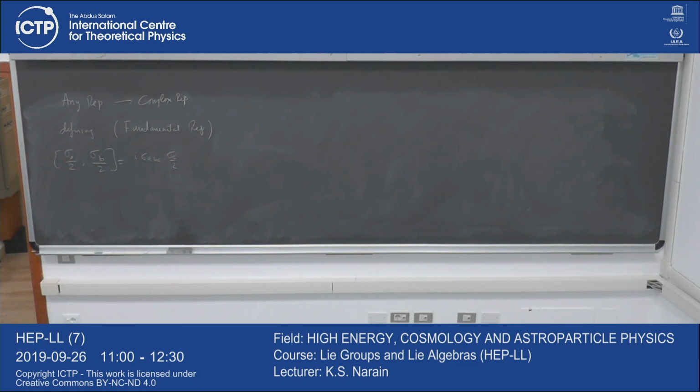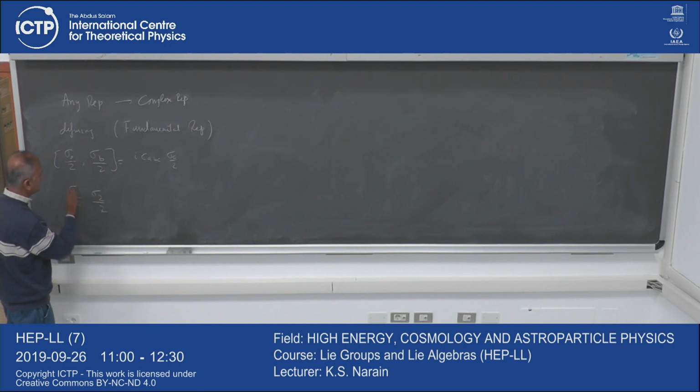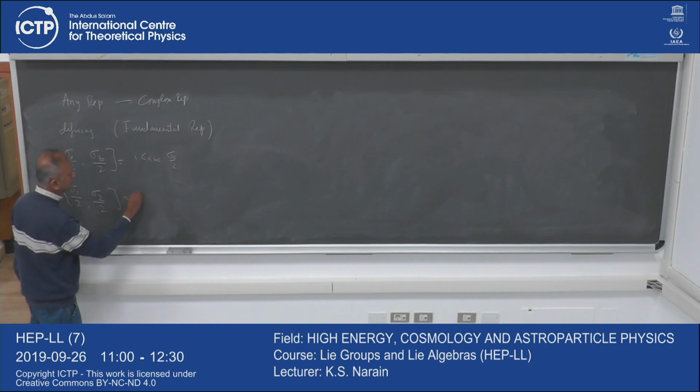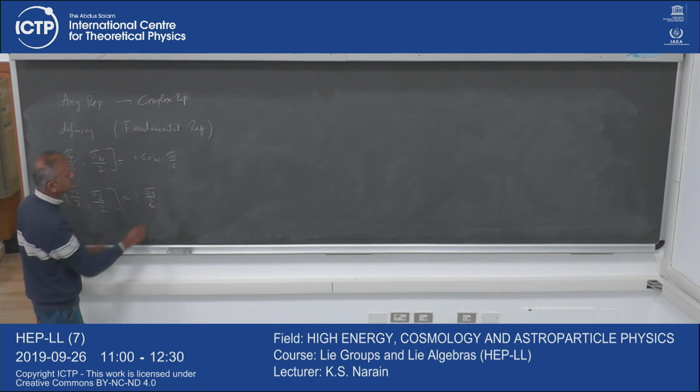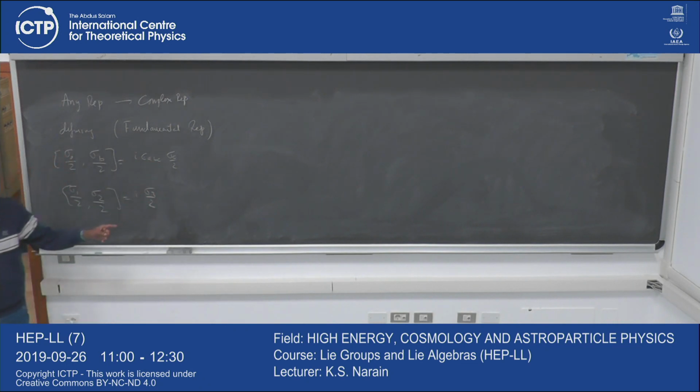Now the claim is, let's take the complex conjugate of these matrices. Explicitly, sigma 1 by 2, sigma 2 by 2, the commutator is i sigma 3 by 2, because epsilon 1 2 3 is 1, and so on.